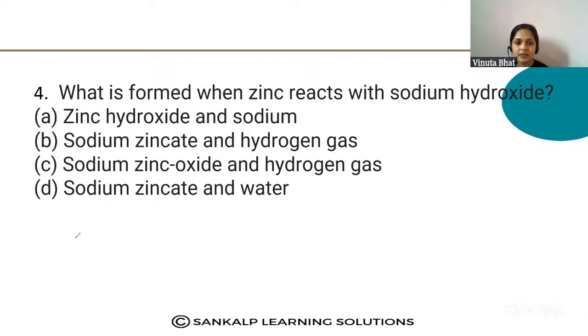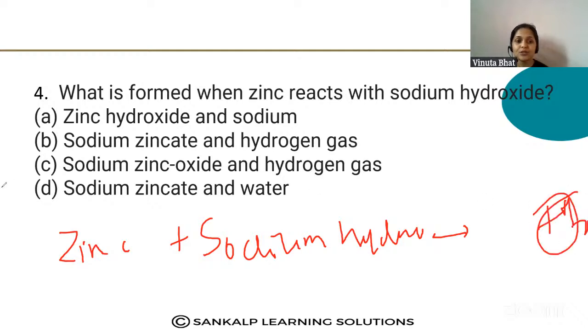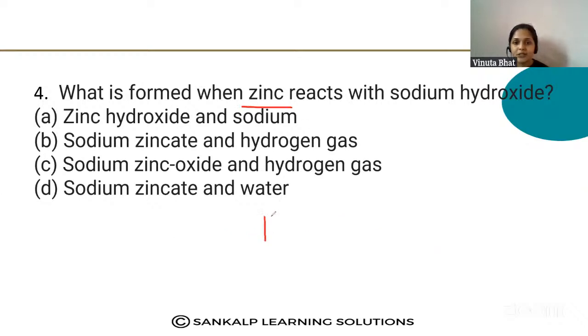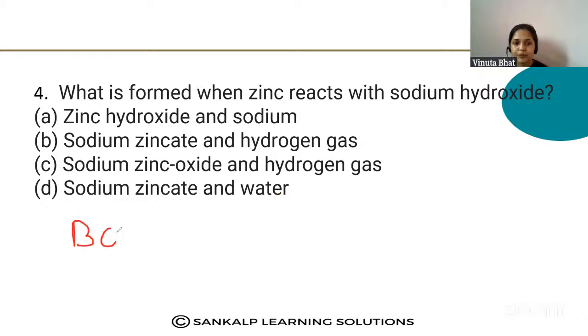Here, when zinc reacts with sodium hydroxide, it gives us sodium zincate and hydrogen gas. Hydrogen gas is released in this reaction because when metals react with a base, they form a salt and hydrogen gas.